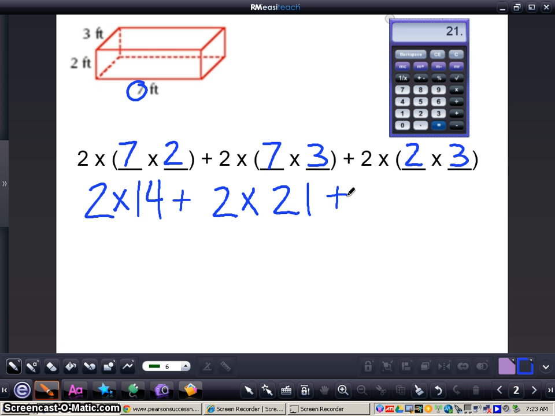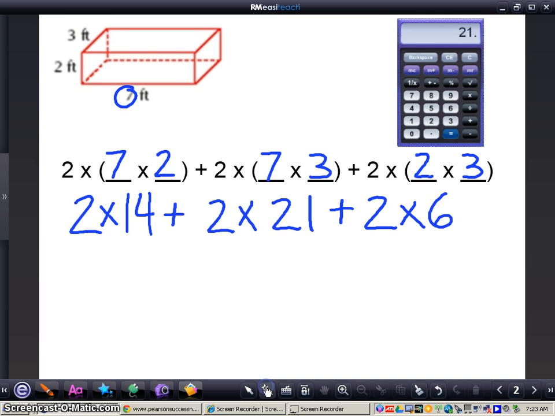Plus, now I don't need my calculator for this, 2 times 6. Now, the next step, remember order of operations, we have to multiply before we add anything. So now we have 2 times 14. We can punch this right in the calculator. 2 times 14 gives me 28.